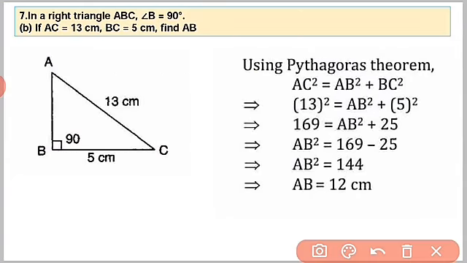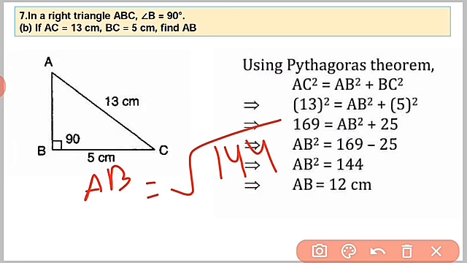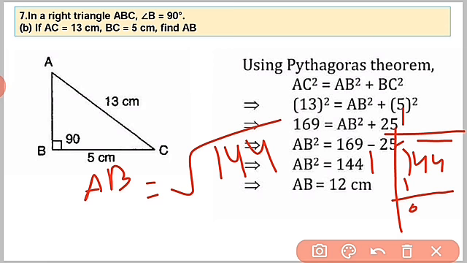Again, for knowing the side of AB, we must find the square root of 144, and you can apply any method, either the division method or the prime factorization method. So for 144 start pairing from this side, so 1 time we will get 0.